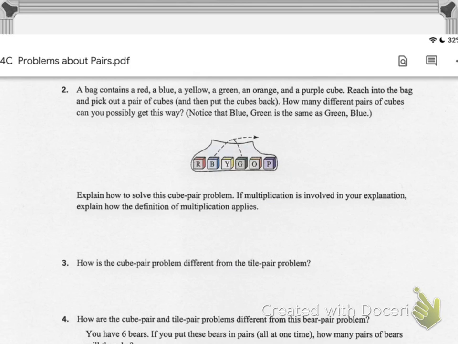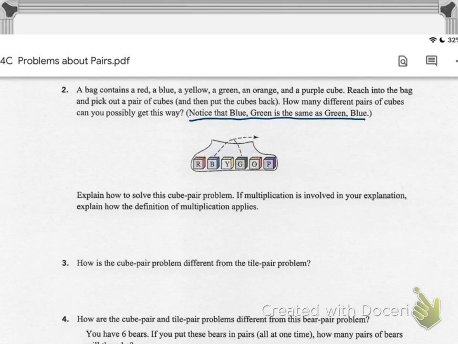And they say, notice that blue-green is the same as green-blue. So that's what makes this problem different than the one we just had a second ago. You're not going to view things differently if the order is reversed. It's going to be the same 2 cubes.